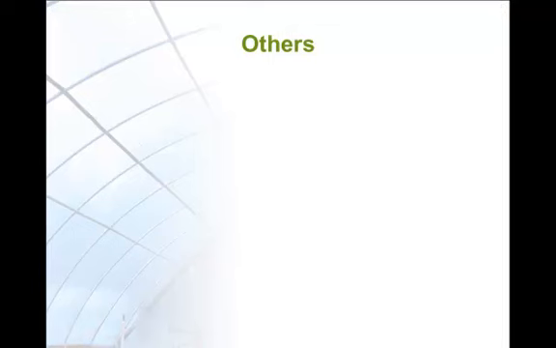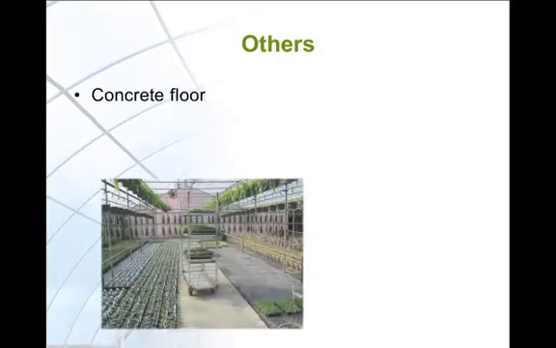There are other small things that might affect the spacing and labor efficiencies in a greenhouse layout design. Something like building a concrete floor for a cart or maybe machine access might influence your decision on spacing, infrastructure, and growing system designs. The picture here shows a nice wide concrete floor for cart access.